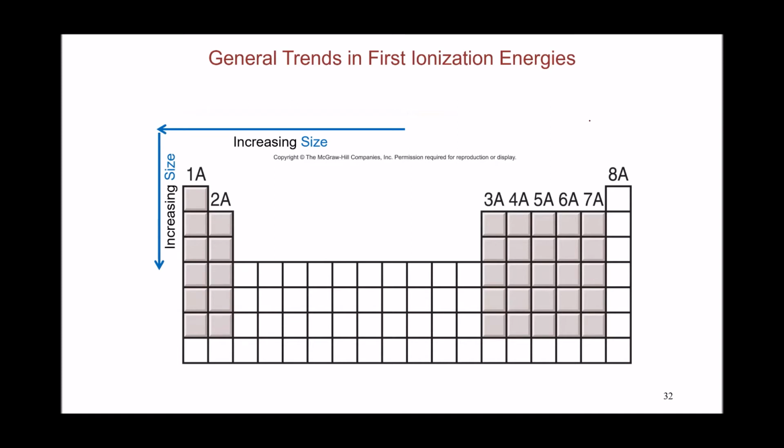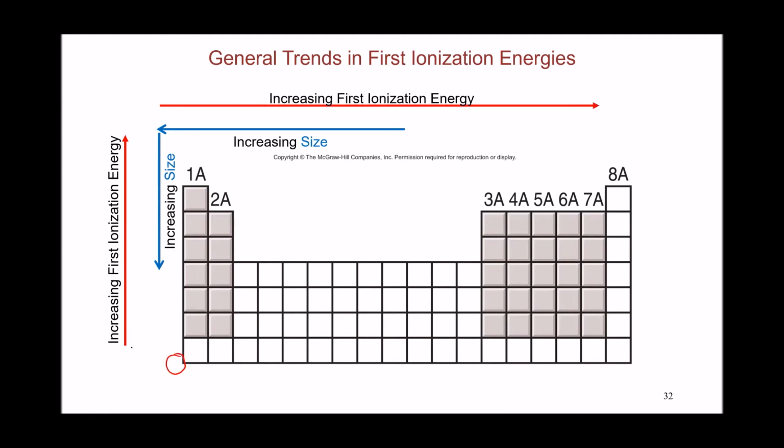the attraction decreases as you go from the right to the left downward. Okay, and ionization energy is going to be the other direction. So it's going to be increasing from the down left hand side of the periodic table up to the right. So it's in the opposite trend in comparison to the size.